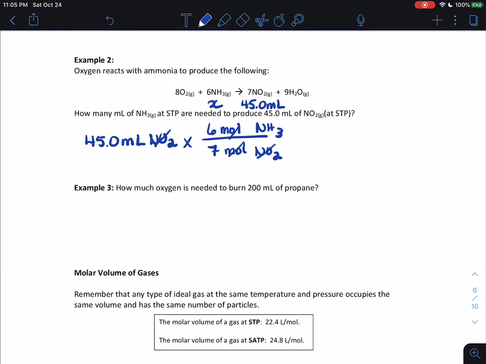NO2 cancels out, moles cancels out. And so to solve this, it's 45 times 6 divided by 7. And this turns out to be 38.57 mils of ammonia. Rounded to the correct number of significant digits, it's 38.6 mils, not liters, of ammonia.